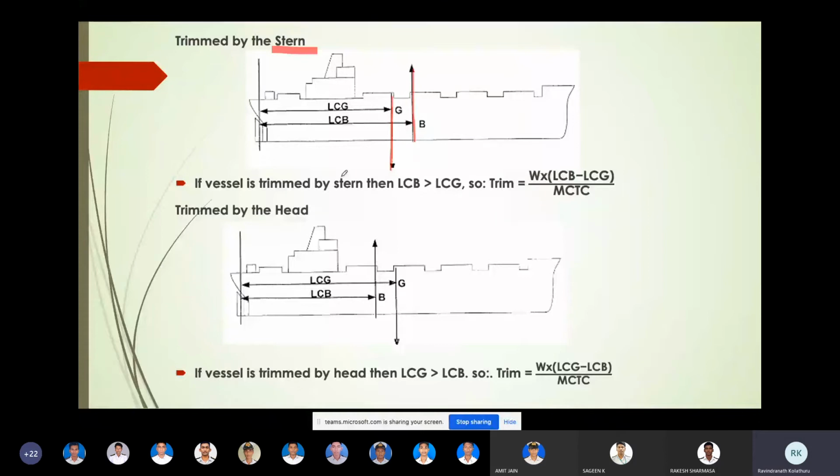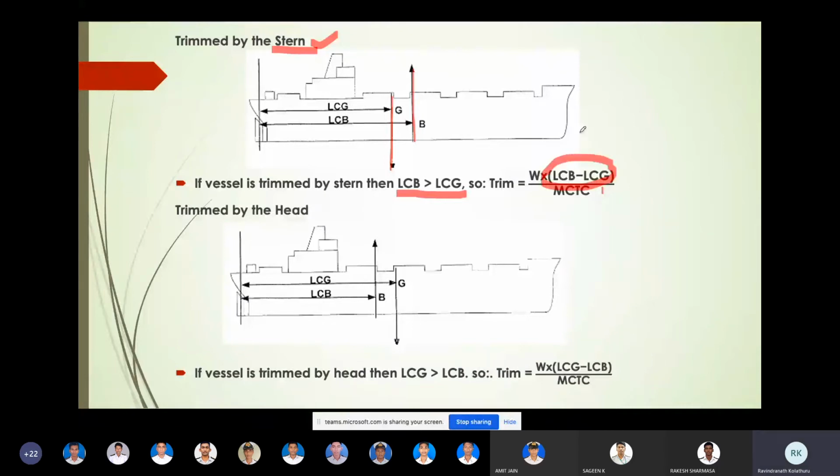We can also say that if the vessel is trimmed by stern, LCB is greater than LCG, because since G is aft, the value of LCB is greater. So I can write the formula as LCB minus LCG by MCTC. Now, why am I writing the formula like this?